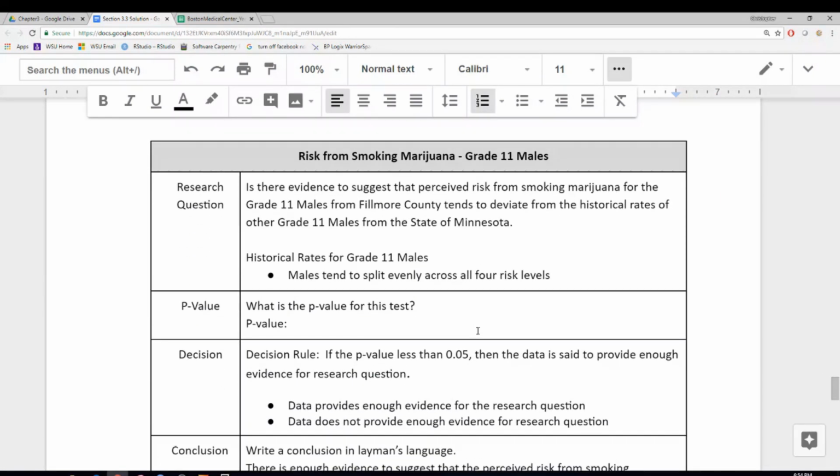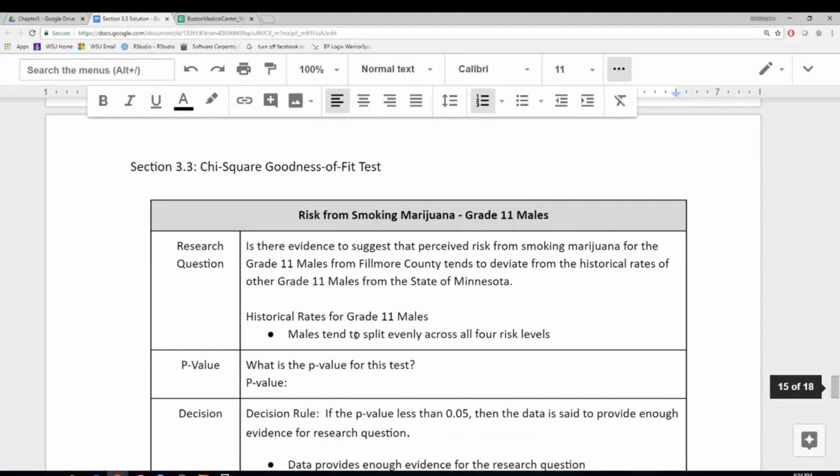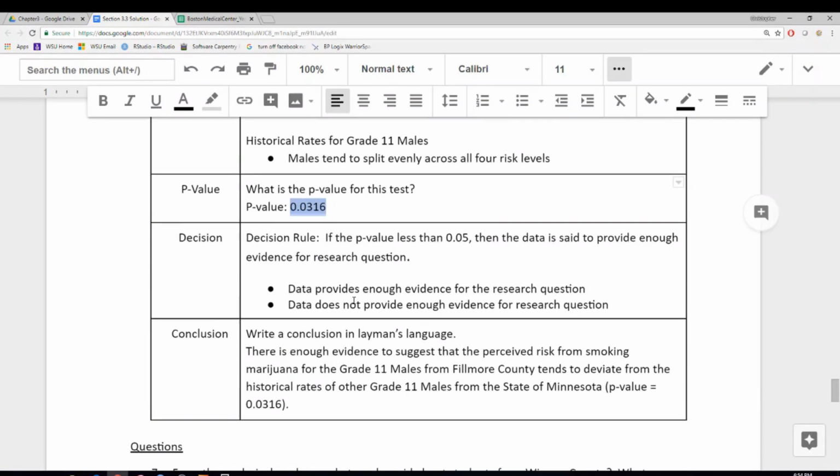So let's go ahead and finish up this one. Is there evidence to suggest that the perceived risk from smoking marijuana for grade 11 males from Fillmore County tends to deviate from the historical patterns? My p-value here is 0.0316. I need to ask myself, is 0.0316 less than 0.05?